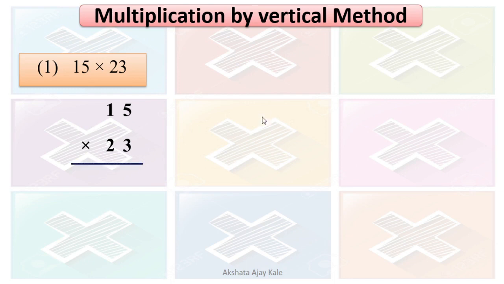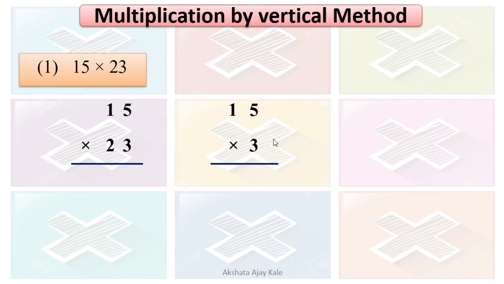Okay, now you know that first what we will do, 15 multiplied by the unit place, that is 3. Then we will go for 15 multiplied by the tens place, that is 2 is here, which is nothing but 20, isn't it? Okay, please observe the steps carefully. First we will multiply 15 by 3. Okay, now see this. Always we multiply the units place first, isn't it?